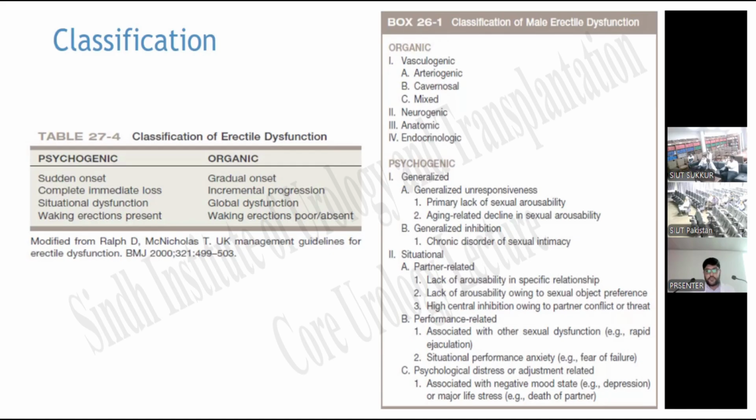Situational: a partner-related lack of arousability in a specific relationship, lack of arousability owing to sexual object preference, high central inhibition owing to partner conflict or threat, performance-related, associated with sexual dysfunction, rapid ejaculation, situational performance anxiety, fear of failure, psychological distress or adjustment-related, associated with negative mood, depression, or major life stress, death of partner.